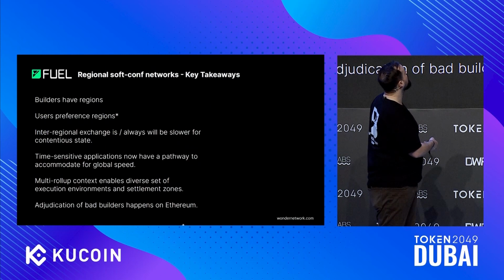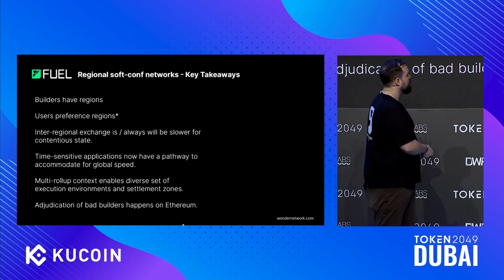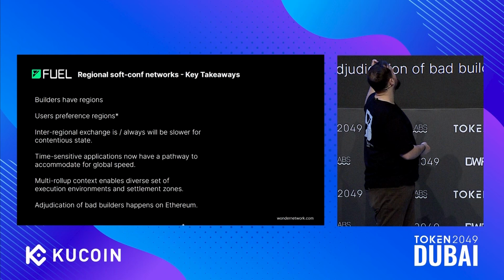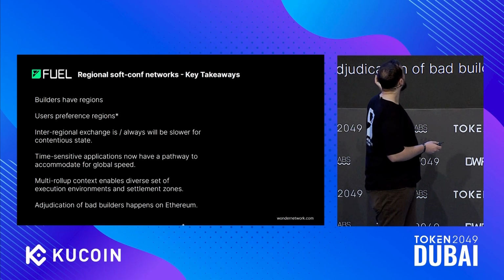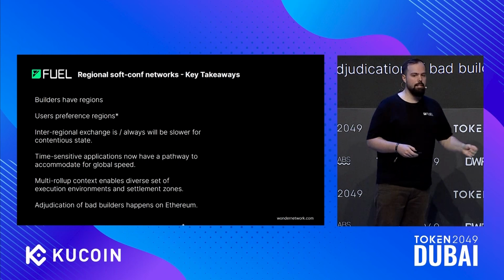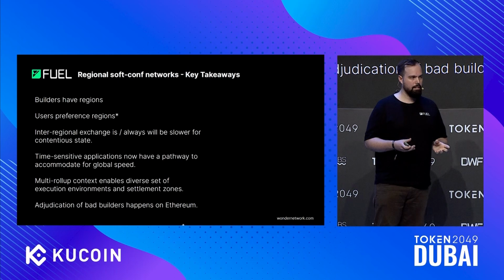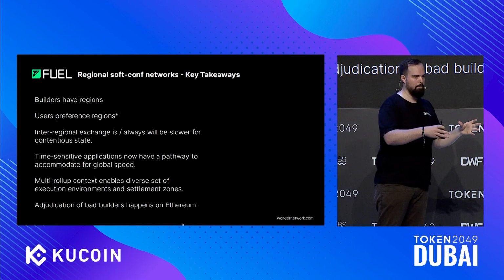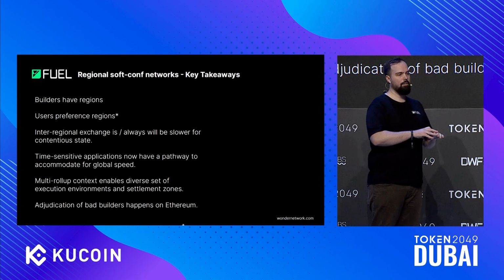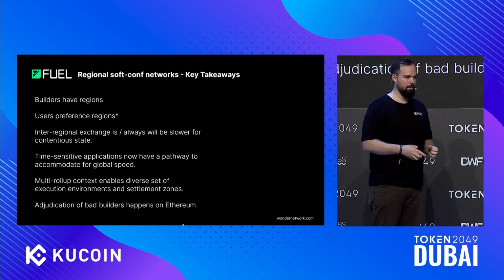So there's some key benefits here. Builders have more regionality. User preferences are defined in more regional terms. And basically what this means is that we can have these global blockchains, but if your app is really time sensitive, like an order book, you can bring the users over to that more time-sensitive region, and you can have users participating in that region.